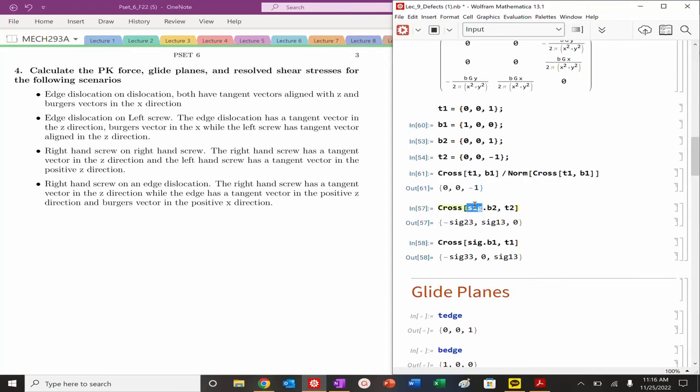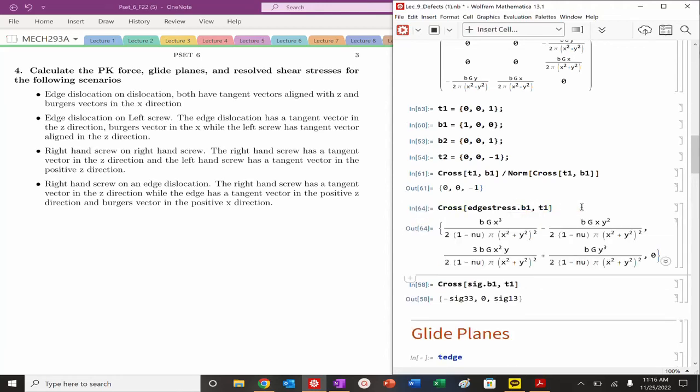If I want to look at the PK forces, it is again edge dislocation on edge dislocation, and they both have that. So edge stress. Excuse me, do B1, T1. Those would be my PK force.